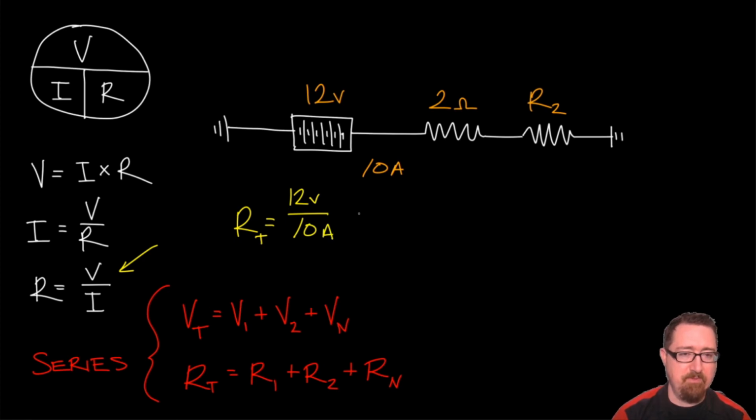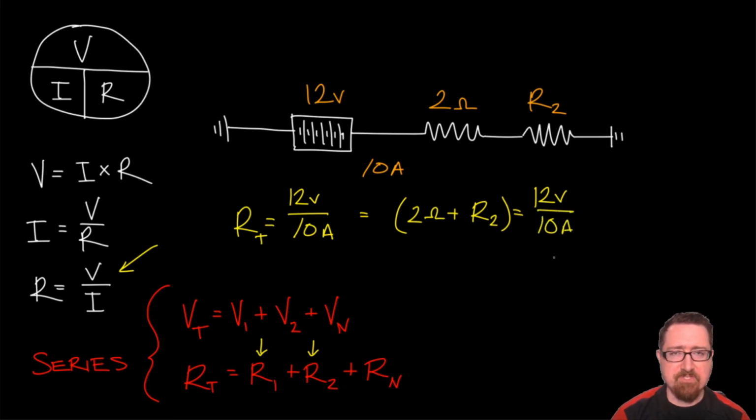Okay, and I can even go further on this. I could say R total, right, is R1 plus R2. So I could, in theory, put a parentheses. We know what R1 is, 2 ohms, plus whatever R2 is, that is our variable, equals 12 volts divided by 10 amps. So now we can do the math according to what we know.